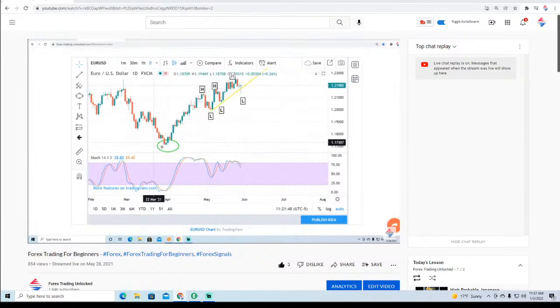So first we identified the low, then we identified the higher move highs and higher move lows, confirming that we have a bull trend. Since we knew we were in a bull trend, your indicator here tried to give a little sell signal. When these lines cross, that's when they start to indicate that the market is selling off.